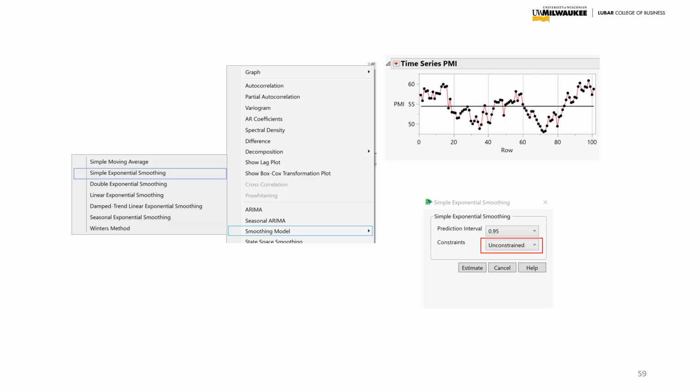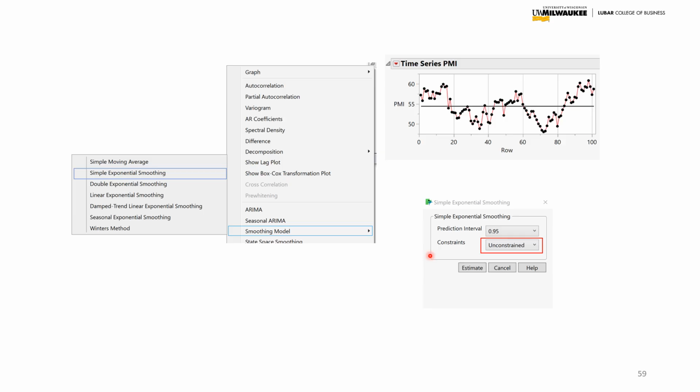To find the optimal alpha, we go to the time series platform, the same platform where we got the autocorrelation function. From the red arrow pull down, we can find smoothing model and then simple exponential smoothing. We'll give the option of unconstrained, which allows the software to have full latitude in the choice of alpha. Potentially, this could mean alpha is outside the bounds of 0 and 1.